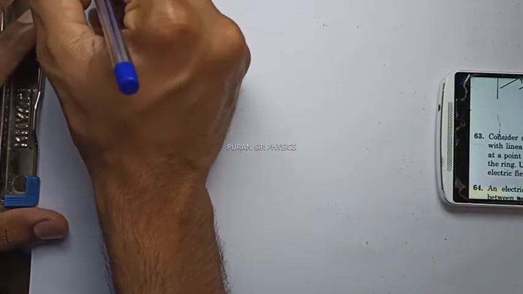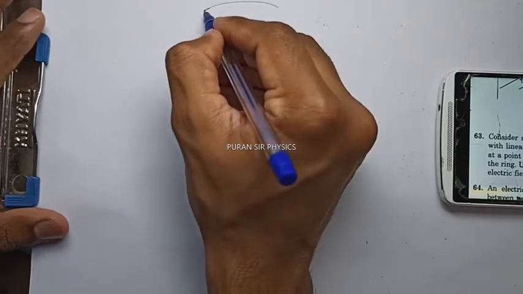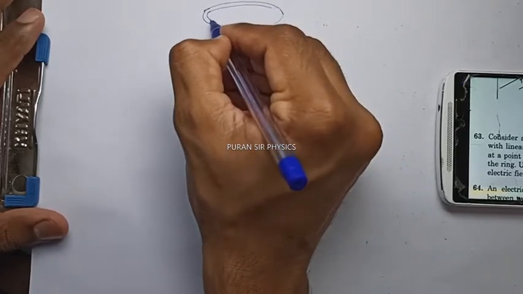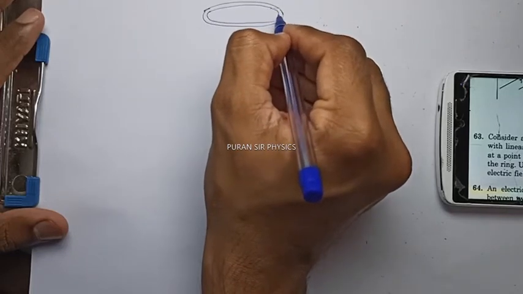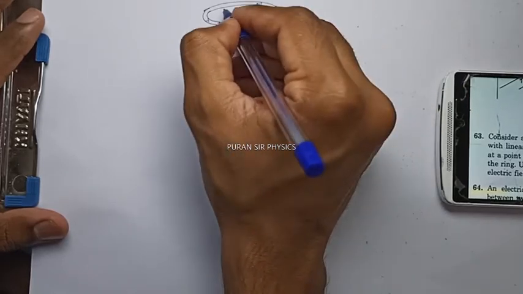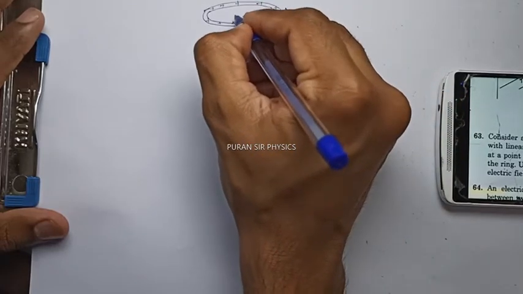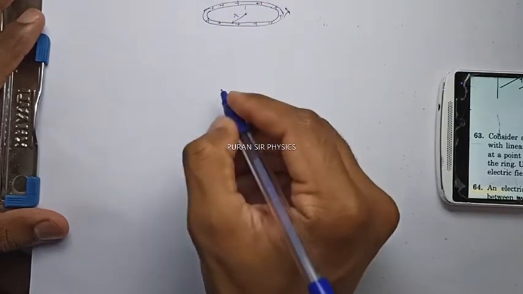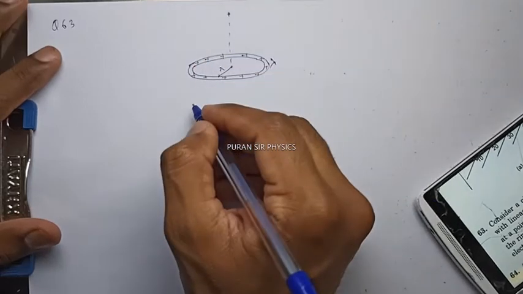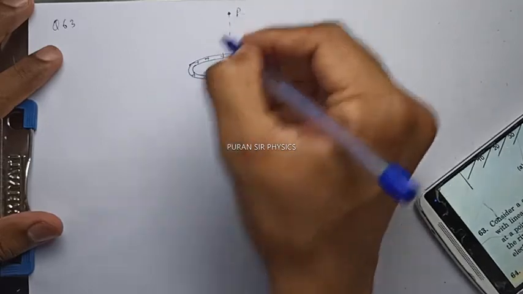So in question number 63, what we have given is a ring, and it has uniform linear charge density lambda. And the radius of the ring is small r. And we have to find the potential due to this ring, the electric potential due to this ring at point P.